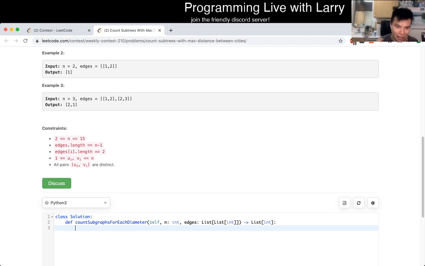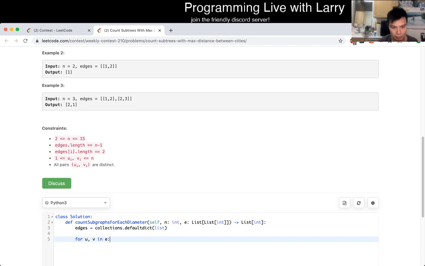Okay. I have ideas in my head. I'm thinking about implementation. That's what I'm doing now. Yeah, and this is all very interesting. Okay. Let's create the edges first. I still like to make them in an adjacency list.